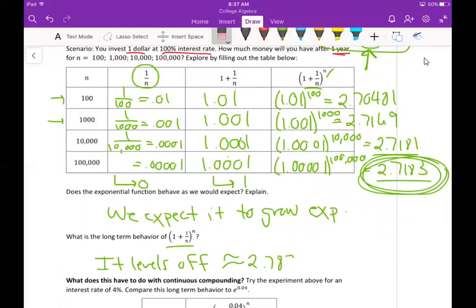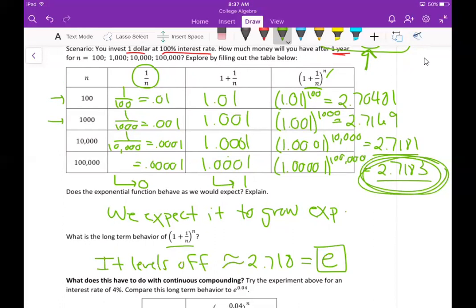And if we kept taking higher and higher powers of n here, we would get to that irrational number E. If you hit E in your calculator, which if you're looking at a graphing calculator, E is by the division sign or by the LN button on the left-hand side, that number we eventually level off to is 2.718281828 and so on, okay?